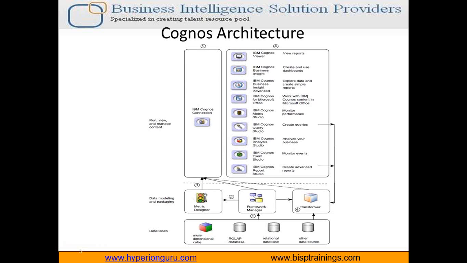You pull all the tables from your data warehouse and keep them in your Framework Manager. You create your relationships between tables. So when you pull a few columns out of those tables onto your report, how a query should be created is all defined in the Framework Manager model. So that's the working heart of Cognos.